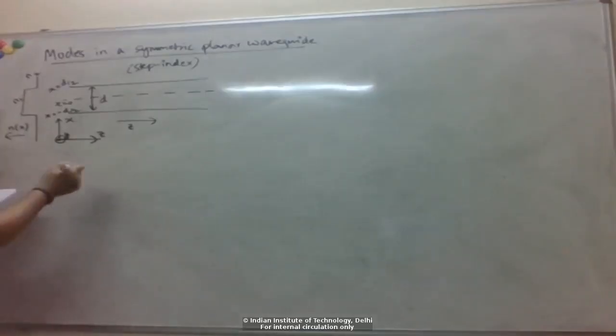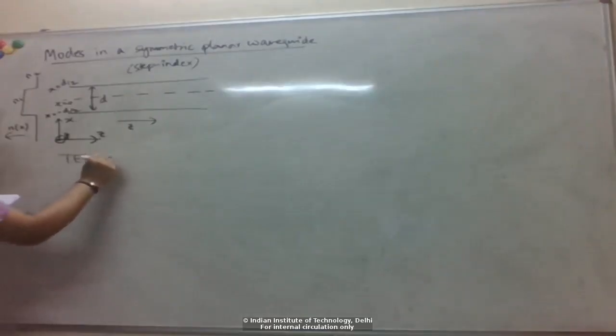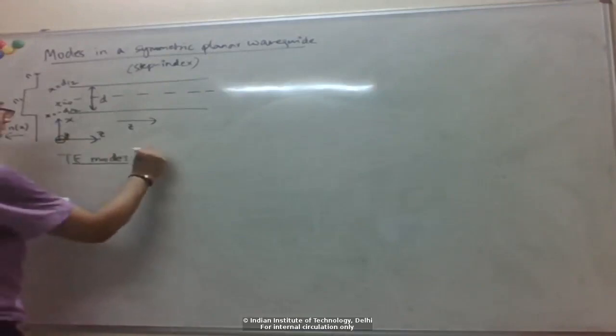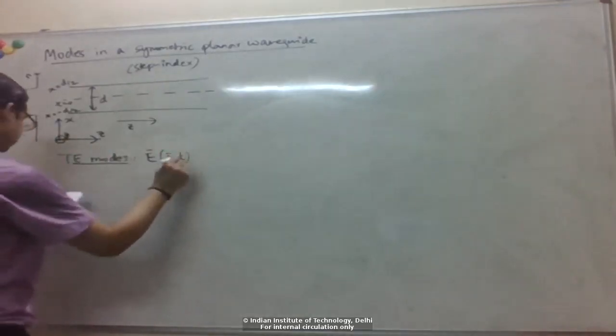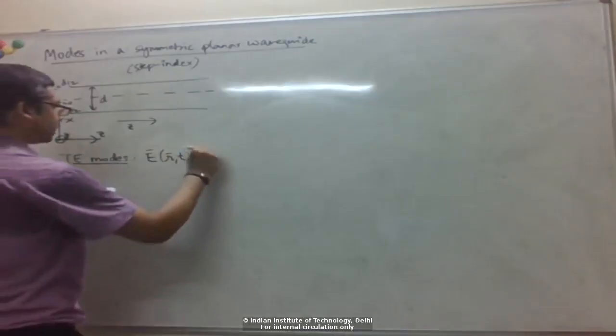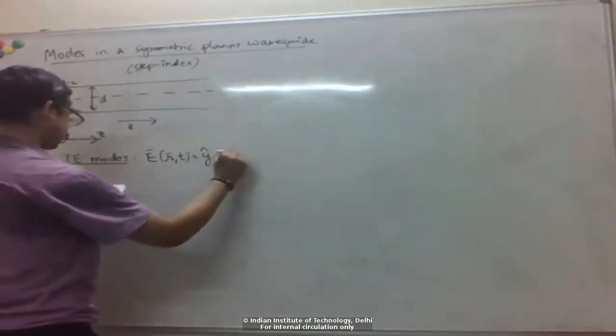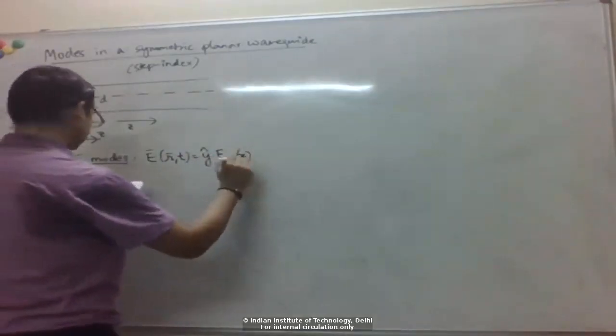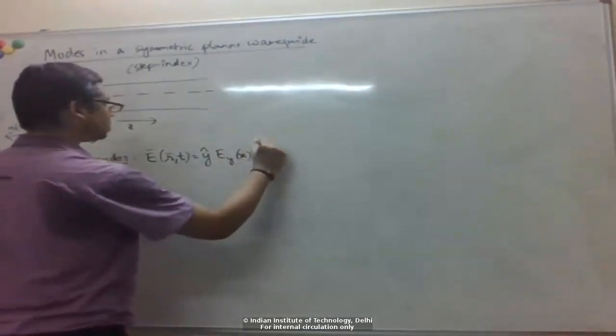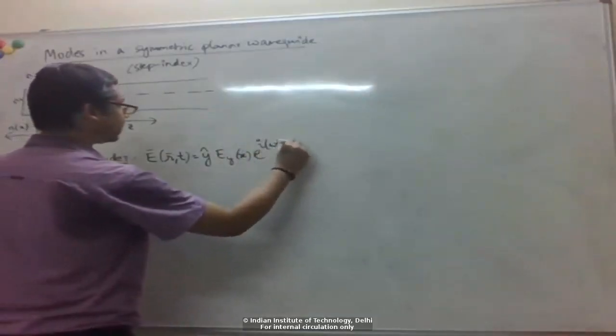Okay, so let's start with TE modes. The electric field we can write like this, pointing in the y direction, a function of x, and then the phase dependence is like that.